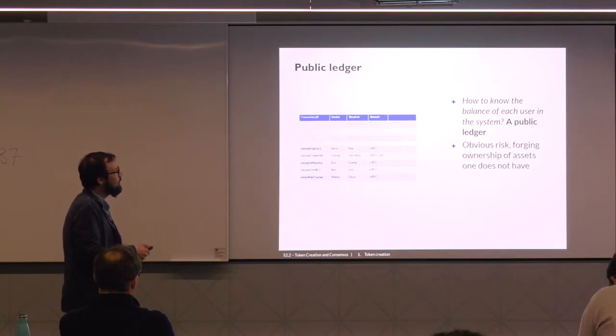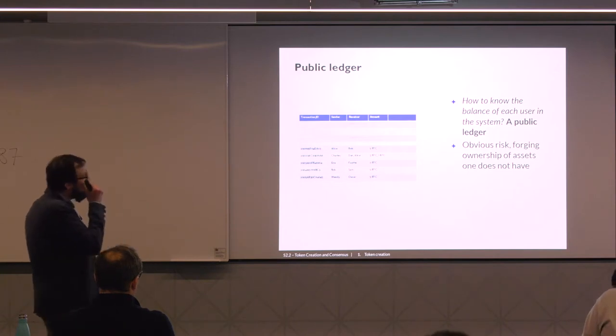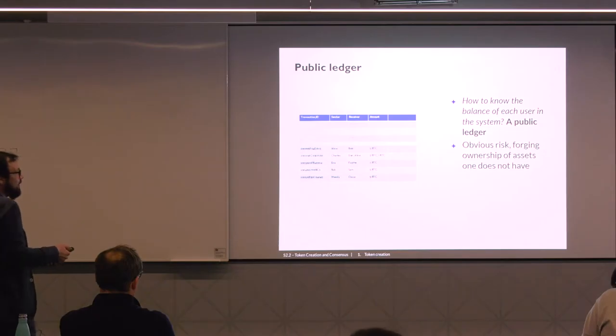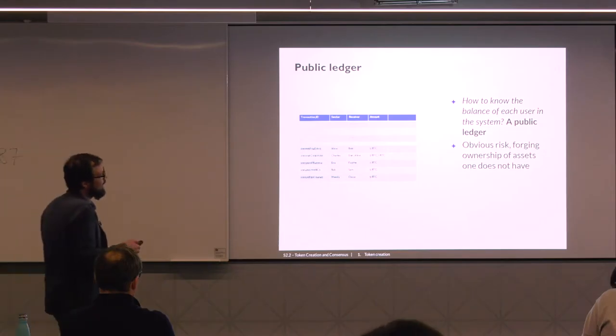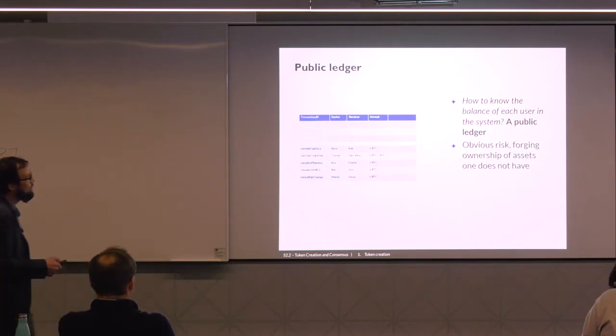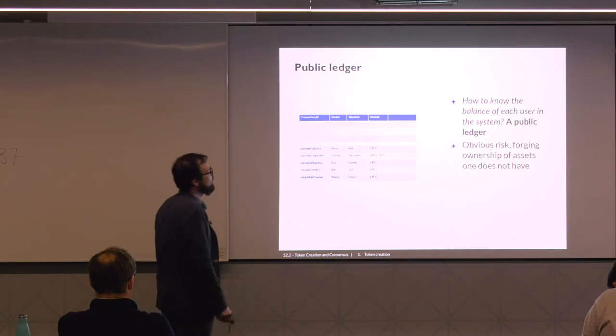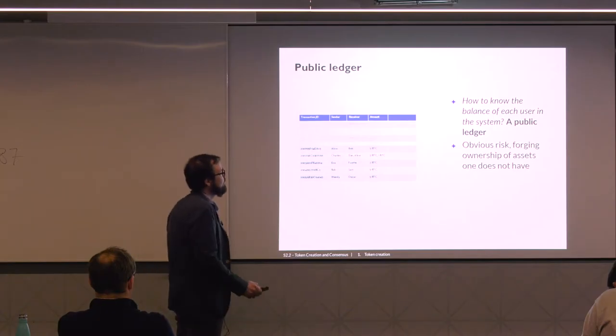Inside of this table, there are 4 columns in principle. One of them is an identifier for a transaction. The second column is the sender of the transaction. The third column is the recipient of the transaction. And the fourth column is the amount of assets that are exchanged between these two users.